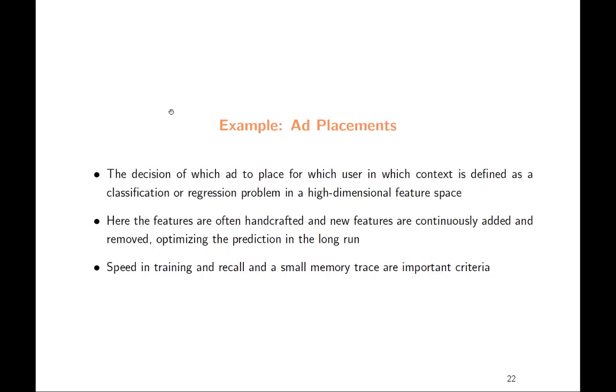So typically a couple hundred, and then the prediction of the best advertisement to show you is based on this. It's just a linear system, more or less, based on these handcrafted features. Because also speed is important in these applications. You want to have a system which acts very quickly, and you also don't want a huge memory trace. So then these systems work quite well and are important.